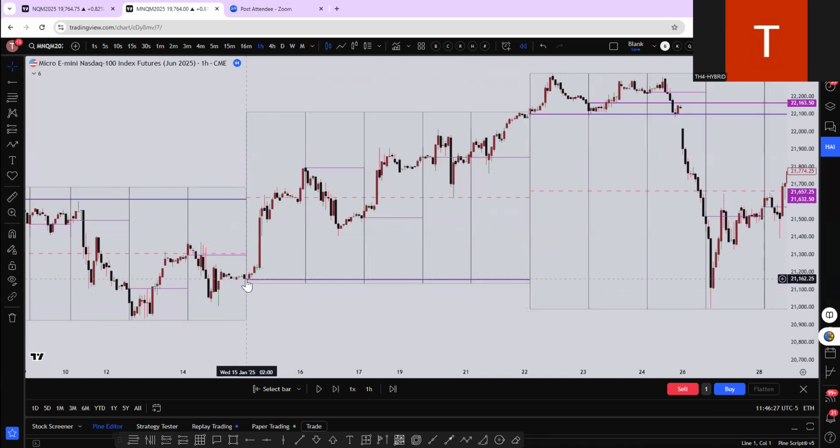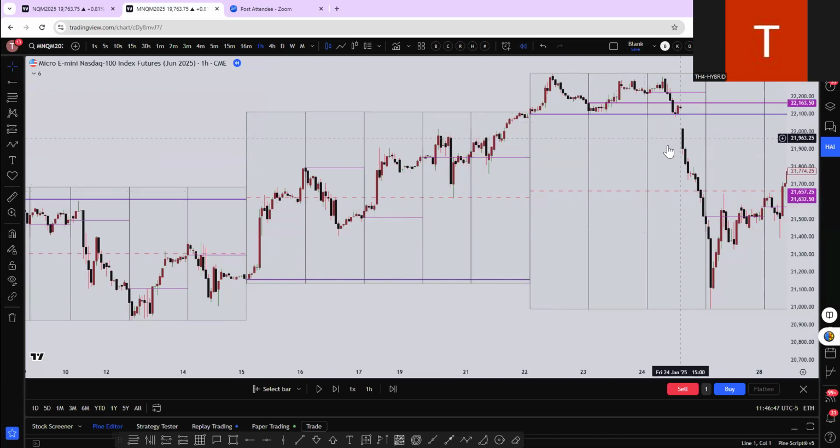Here, you can see this week shot up and we never came back to it. This is a really large imbalance that needs to get filled. Here's a failure swing. We are wicking with no close, which means we're buying that level. So that tells me that we're still moving up.